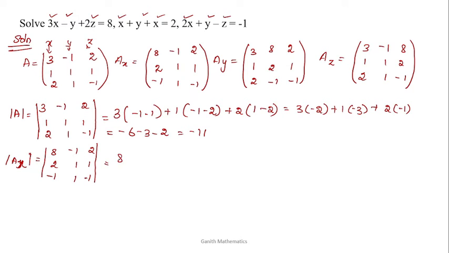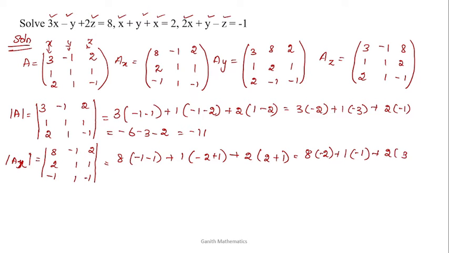That is equal to 8 into minus 1 minus 1, plus 1 into minus 2 plus 1, plus 2 into 2 plus 1, which is equal to 8 into minus 2 plus 1 into minus 1 plus 2 into 3. So it will be minus 16 minus 1 plus 6. So minus 16 plus 6 is minus 10. Minus 10 minus 1 will be minus 11.